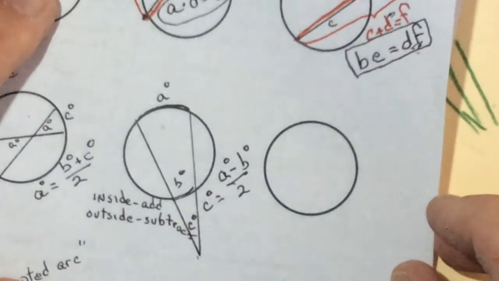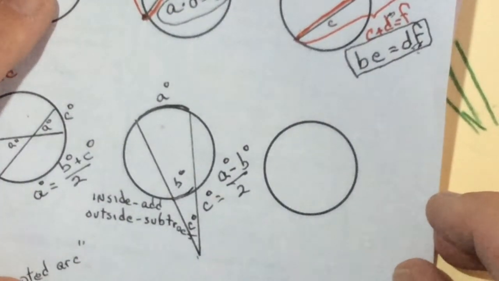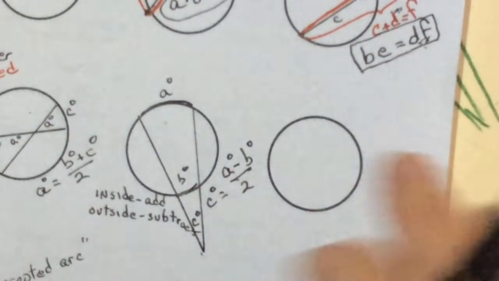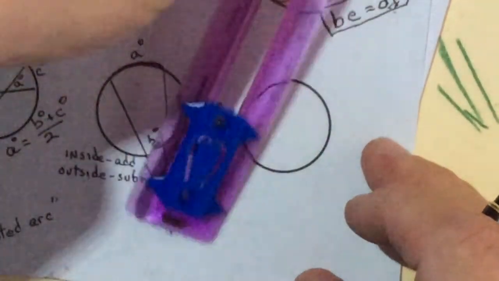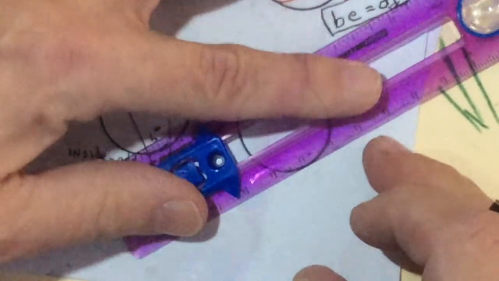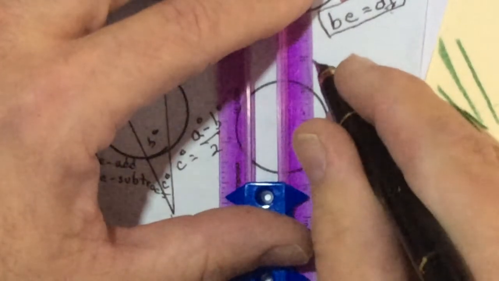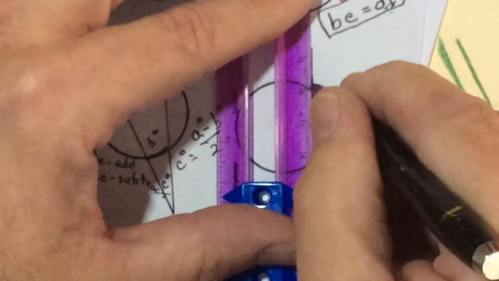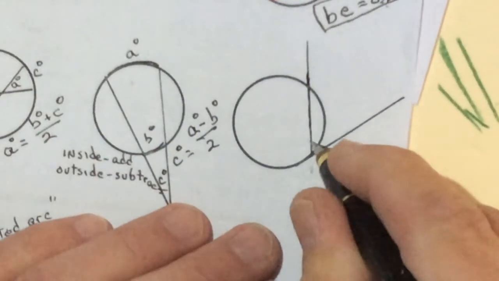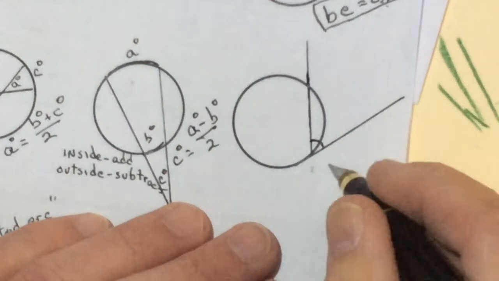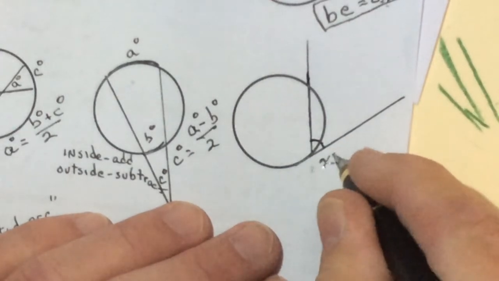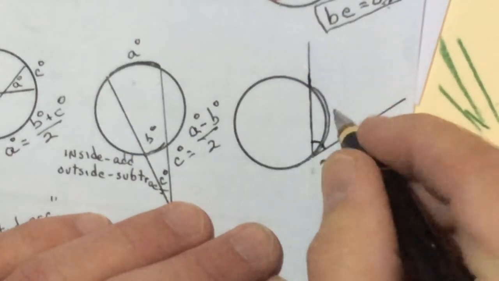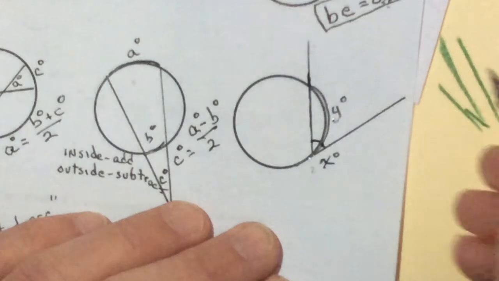One last little thing, because I only have one circle left anyway, and that is, what if I have a tangent line and a secant line? So I have an angle measurement here, which we can call x degrees, and I have an arc measurement here, which we can call y degrees.